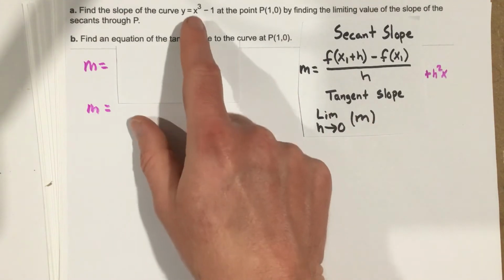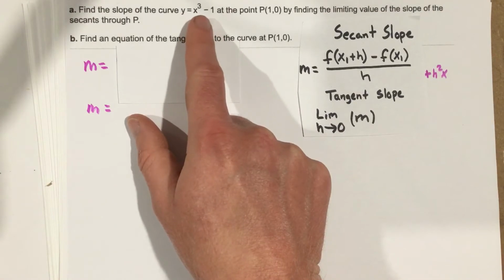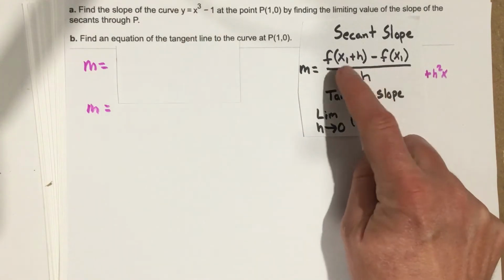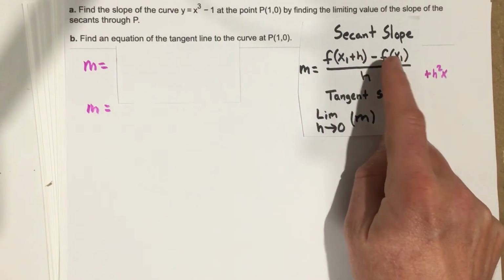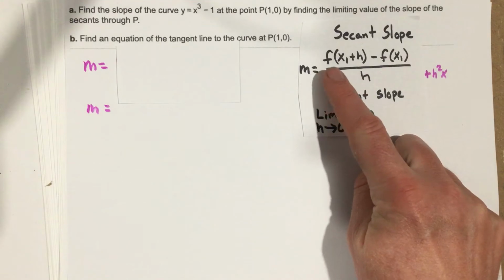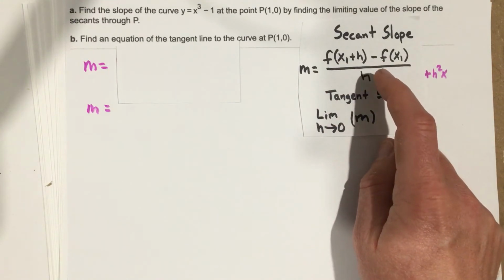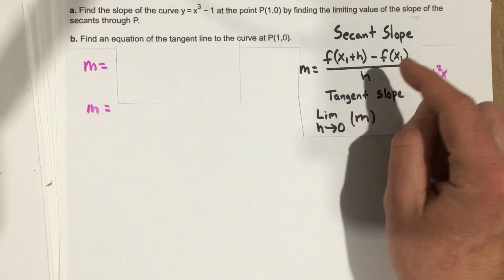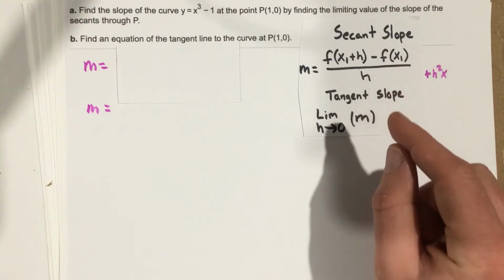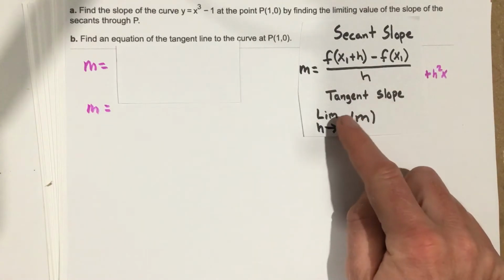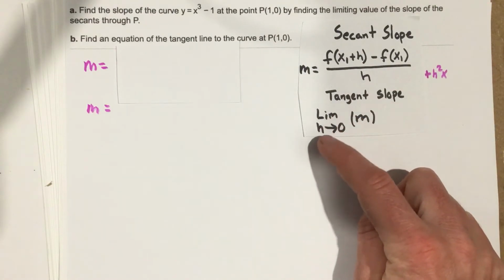So we have this curve, right? It's not a straight line. We want to find the slope, and they say use secant slope. So we're going to use this secant slope equation, which is f(x+h) minus f(x) over h. And then, because we don't want secant slope, we actually want tangent slope at this point P, we're going to use the limit as h approaches 0.